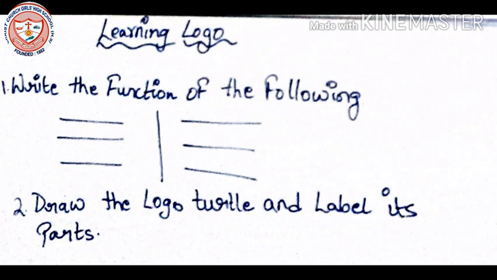Now, for the chart which we have learnt, these two questions you are going to do in your copy. Number one, write the functions of the following: title bar, menu bar, graphic screen, commander window, and input box.